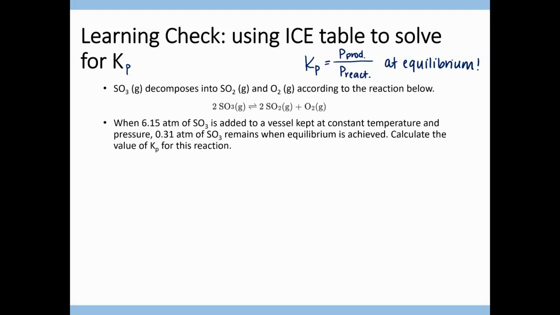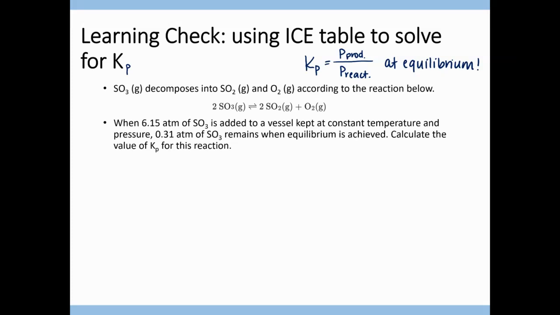So we need to find the partial pressures of each species at equilibrium. We know one is provided, SO3, 0.31 atm. But we still need to find the partial pressures of SO2 and O2.